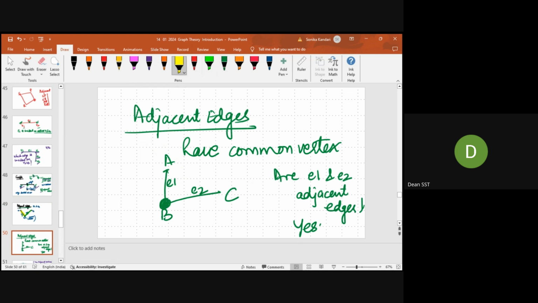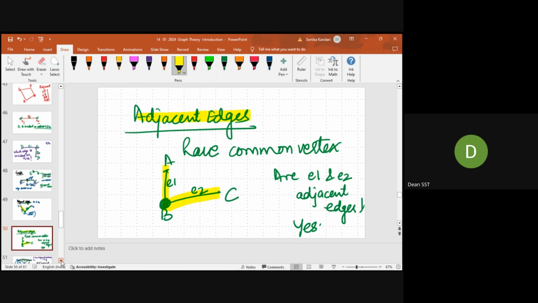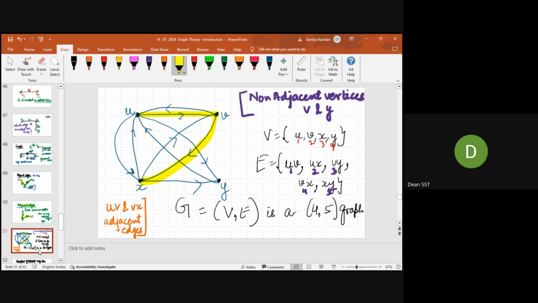So we can say that E1 and E2 are adjacent edges. Is it clear? Yes, ma'am.